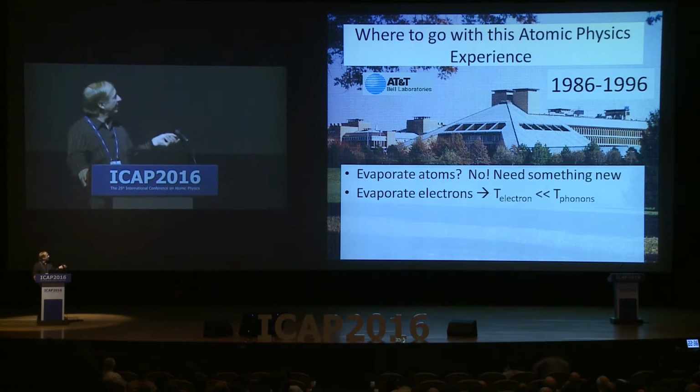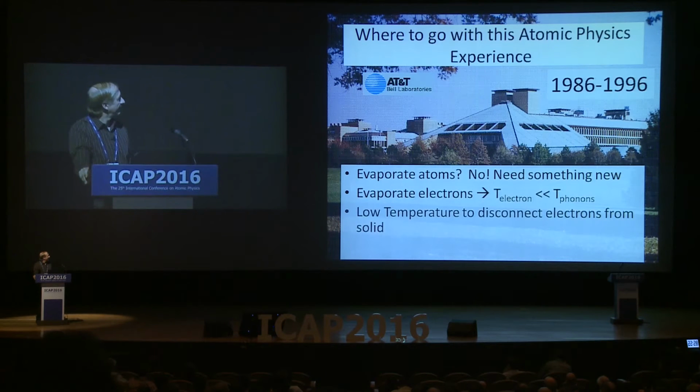Can we get electrons lower than the standard temperature of electrons that are normally connected to phonons in a material? In order to gain access to that regime, one has to go to low temperature to disconnect the electrons from the solid. Phonon-electron coupling decays at lower and lower temperatures.